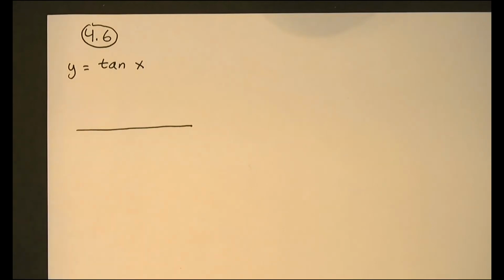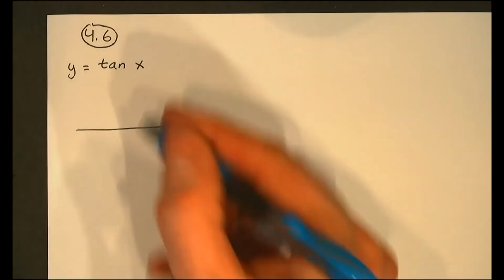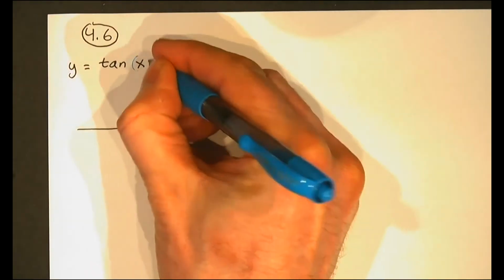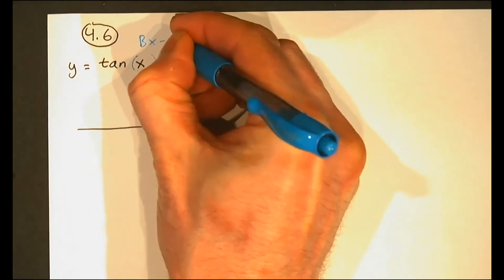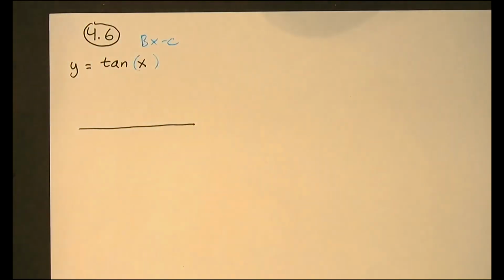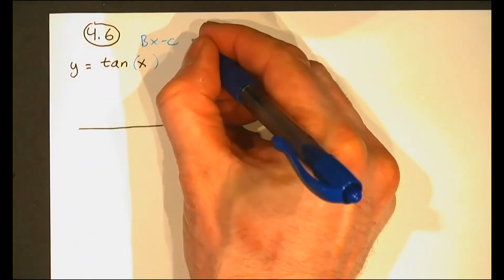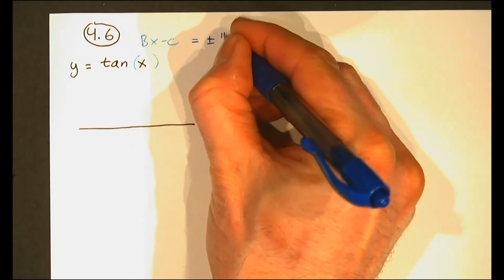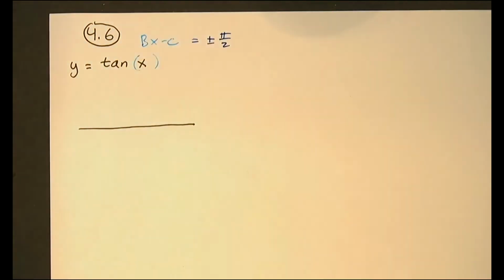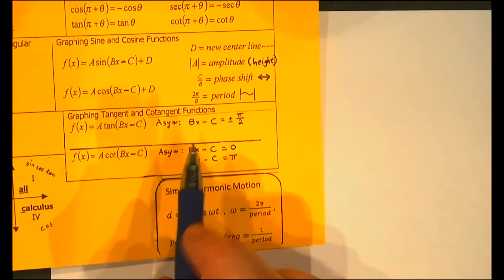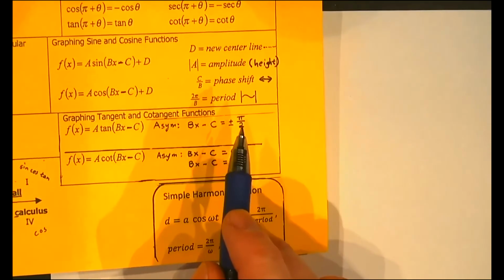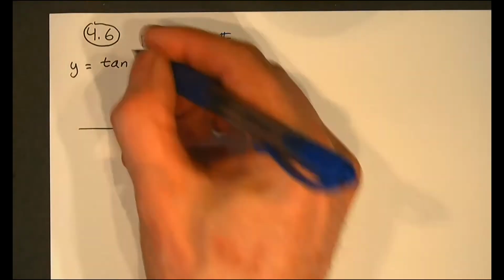Okay, we're in focus. So I take everything that's here. This is the whole bx minus c. And I set whatever's here equal to plus or minus pi over 2 to find the asymptotes. In this case, all we have is x.